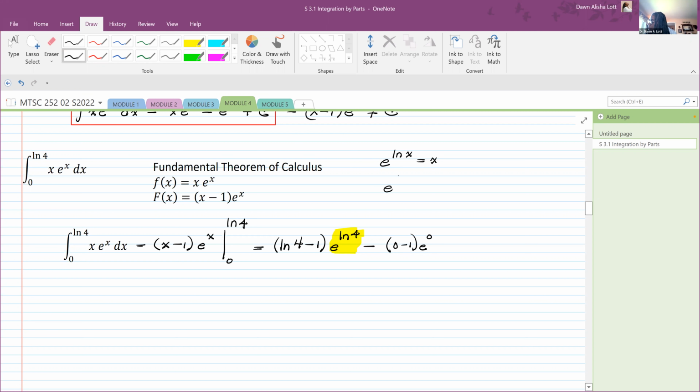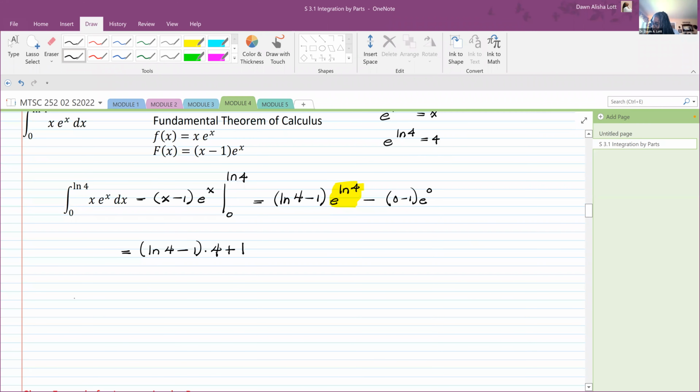So e to the natural log of 4 is just 4. So I get natural log of 4 minus 1 times 4, plus 1. That's what my answer is.